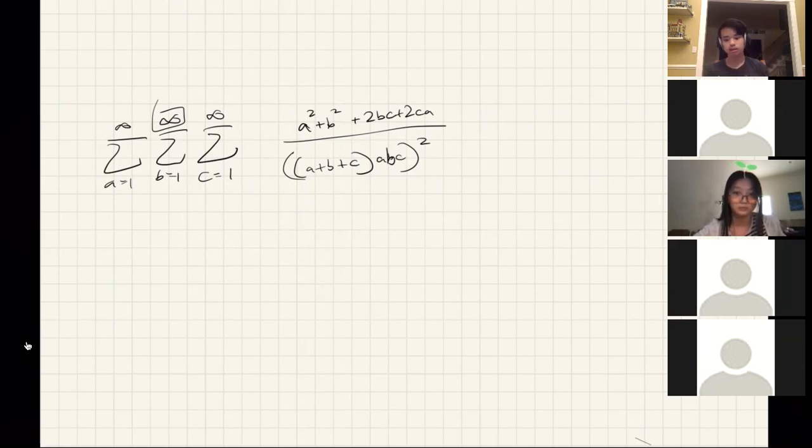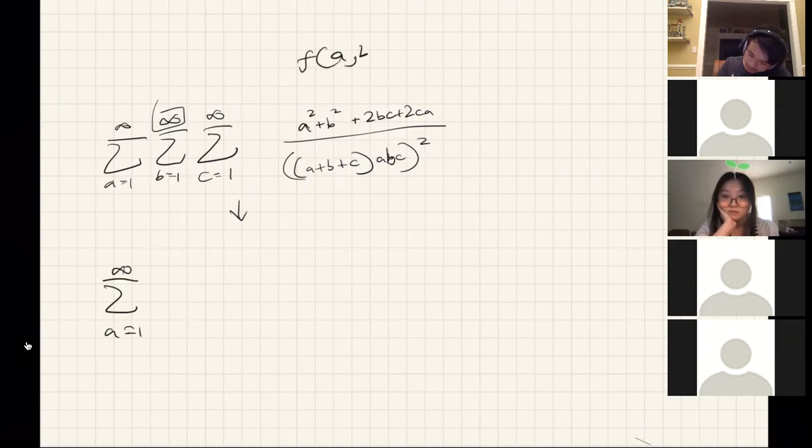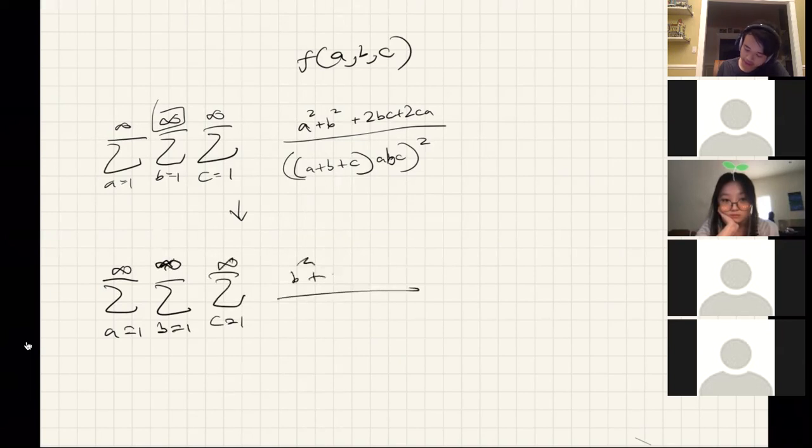So the idea here is that you can switch the order of the variables in this function, and you will end up with the same sum. So for example, if we had b squared plus c squared plus 2ba plus 2c, no, sorry.